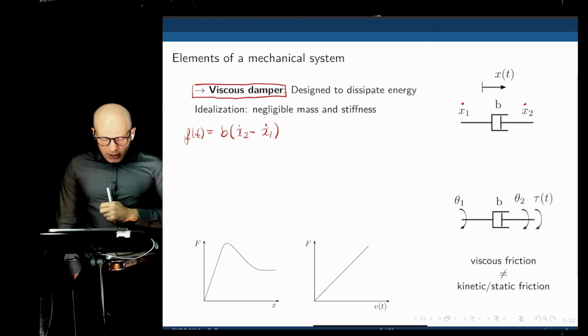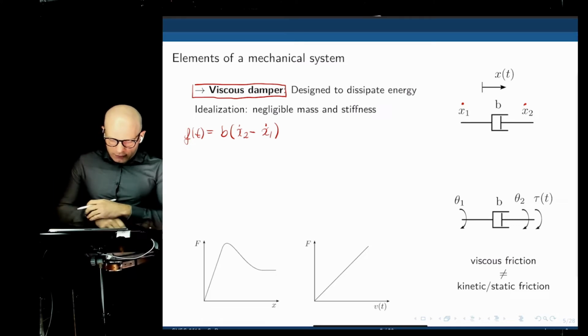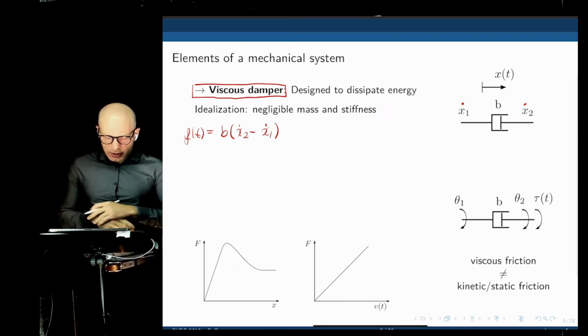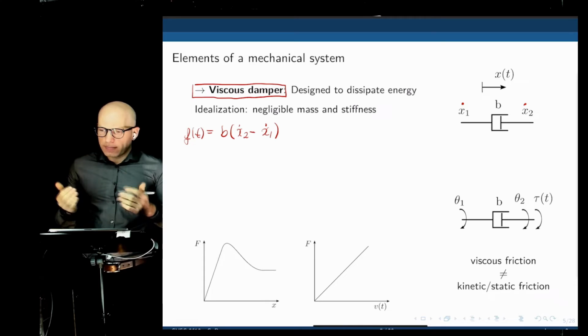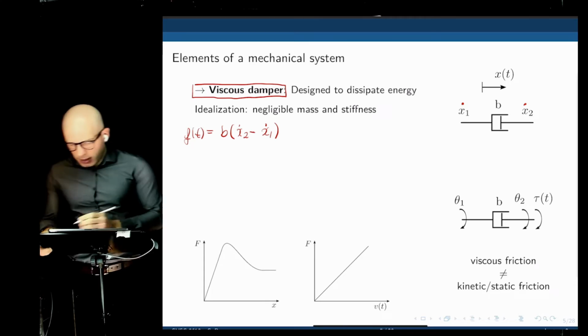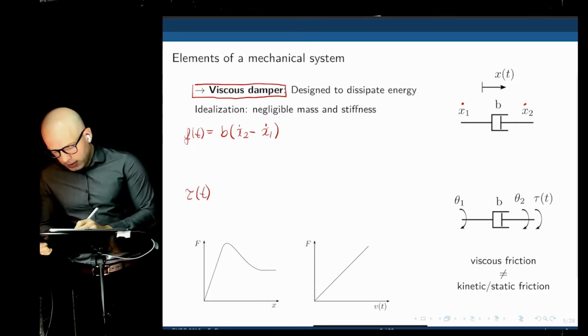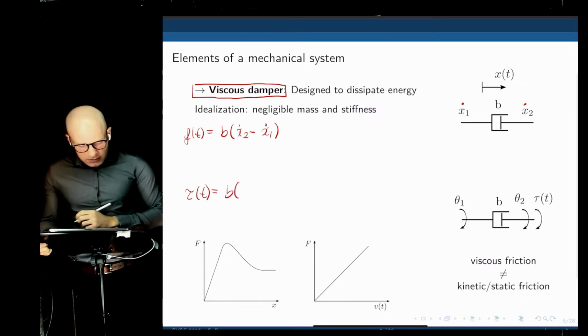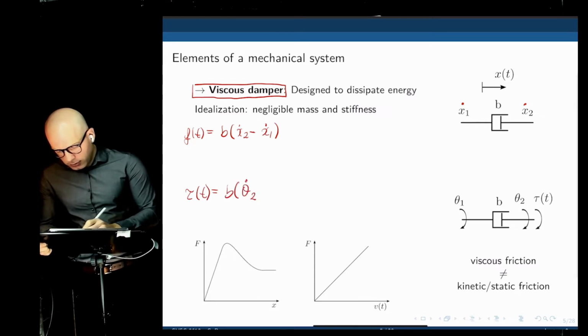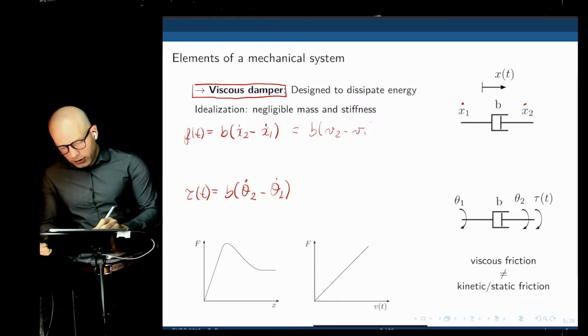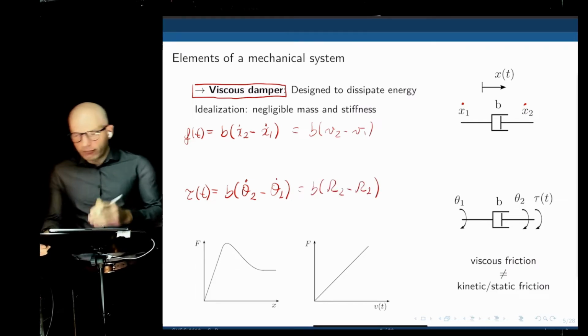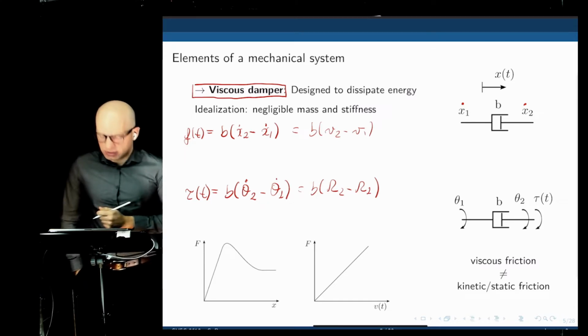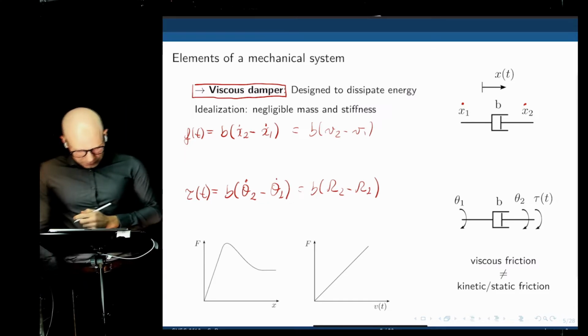If we go to a rotational system now, we have the same idea, but now instead of linear speed, we have angular speed, and the torque developed in this damper becomes b times theta 2 dot minus theta 1 dot, or b times omega 2 minus omega 1, where v and omega are the linear and angular speed, respectively.